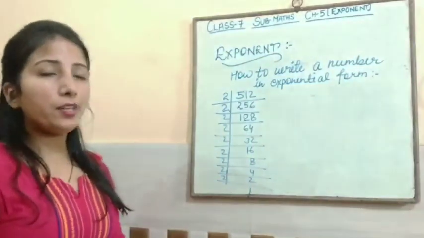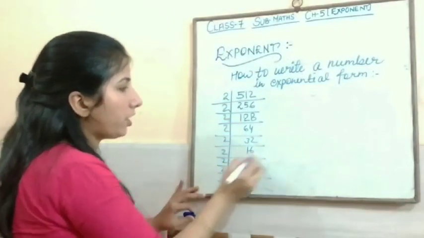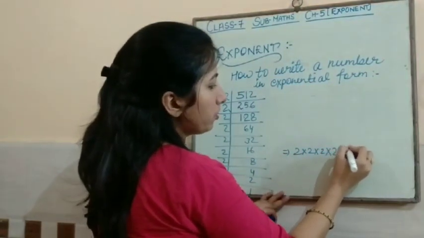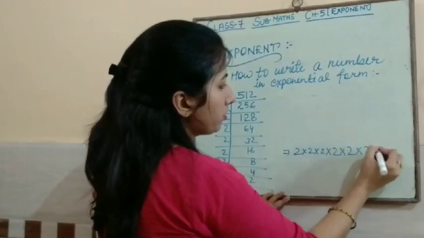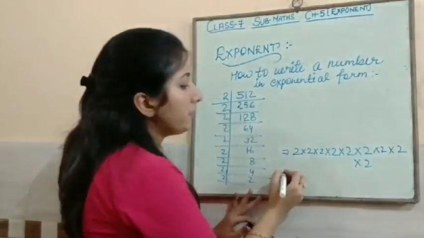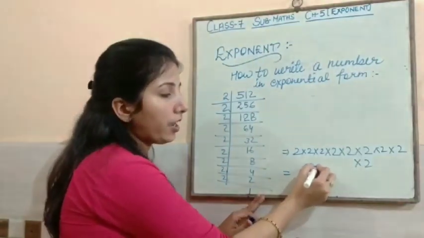Count here how many times 2 appears: 1, 2, 3, 4, 5, 6, 7, 8, 9. So here 9 times 2. So we can write it in exponential form as 2 raised to the power 9. So 2 is the base and 9 is the exponent.